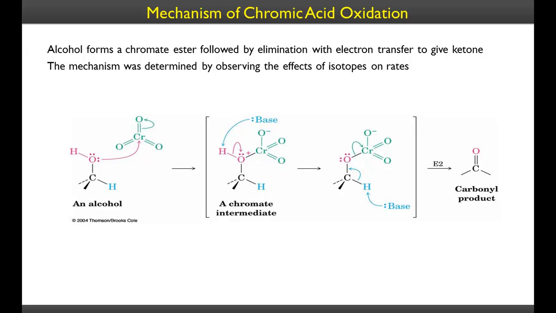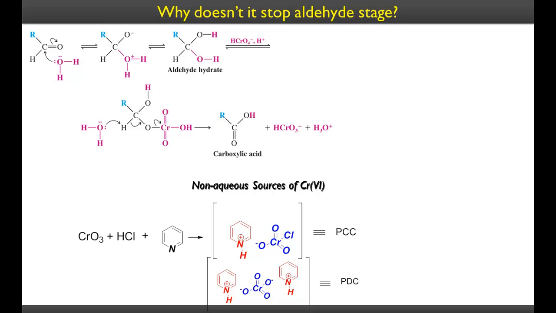You use chromium trioxide to make ketones and acids. But if I use chromium trioxide with a primary alcohol, I cannot stop at the aldehyde stage. It goes all the way to the carboxylic acid. So if I have to stop at the aldehyde stage, I have to use this pyridinium chlorochromate reagent. Pyridinium, because pyridine is in there, and the chromate is now tuned down.